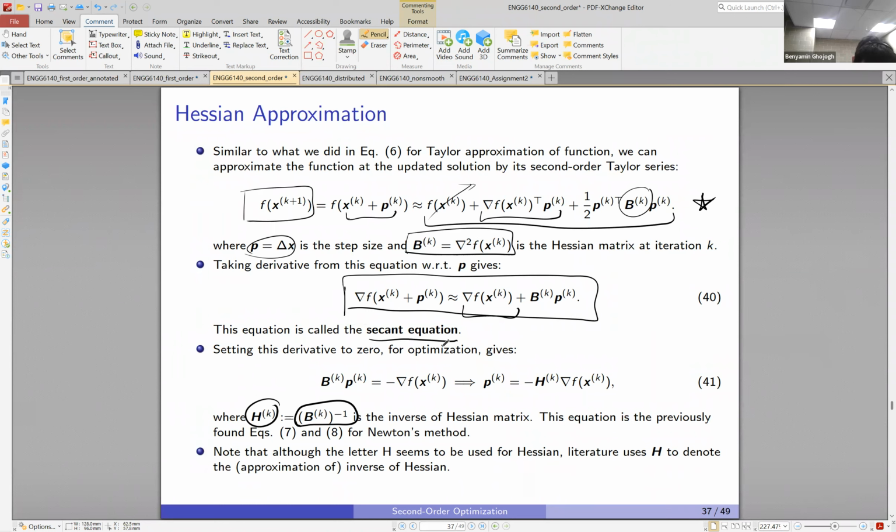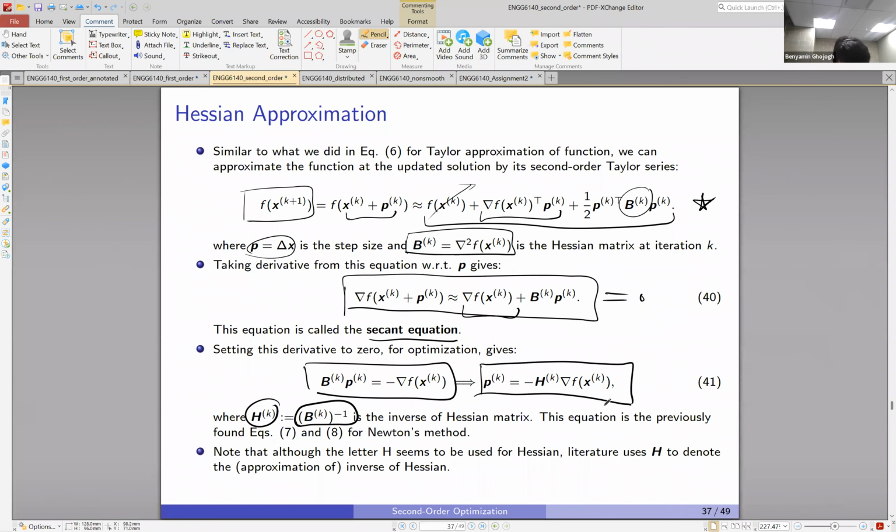Setting this derivative to 0 for the sake of the first order optimality condition, as we had in high school, gives this. We rearrange this, bring this term to the other side, and left multiply both sides by B inverse, or Hessian inverse, and we'll have this, where H denotes the Hessian inverse.